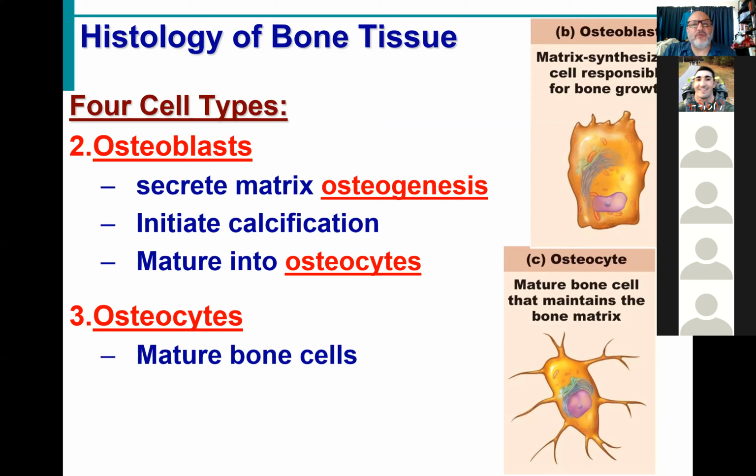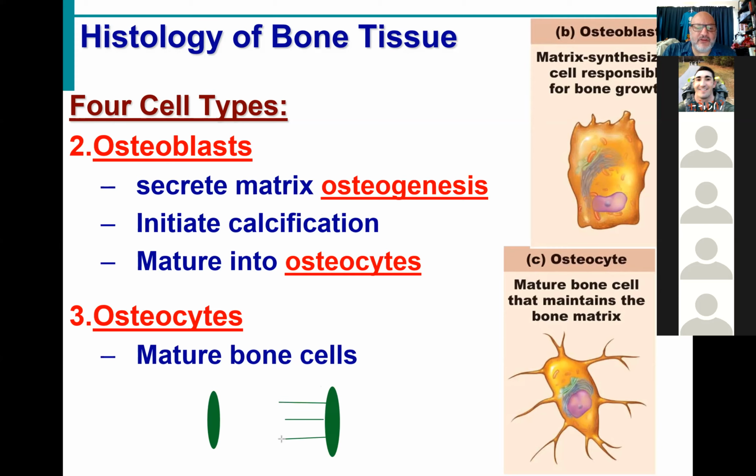So what happens is we may have this long, thin osteocyte over here and a long, thin osteocyte over here. And what these osteocytes have are these long processes that stick off of them.